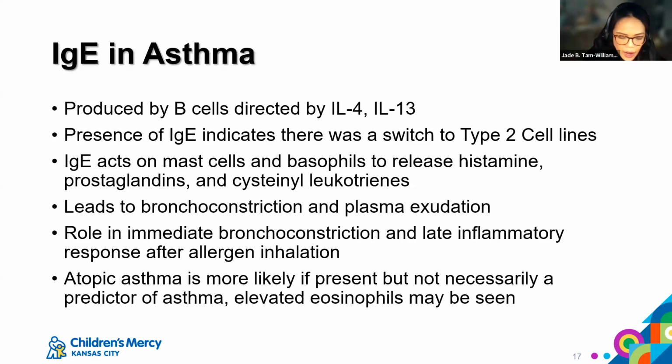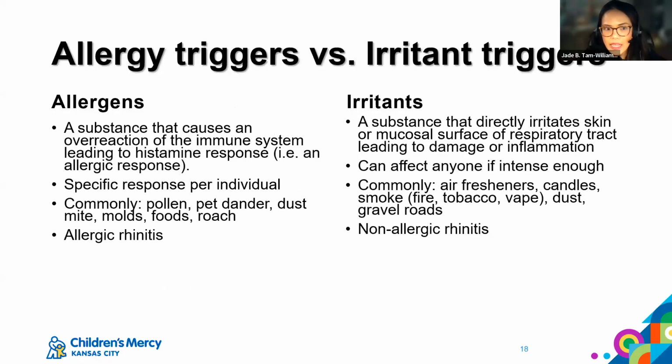Okay. When we were thinking about this talk in particular, and they presented this idea to me, I think in general it's good to understand the difference in triggers. So the first thing is there are allergy triggers and irritant triggers, right?